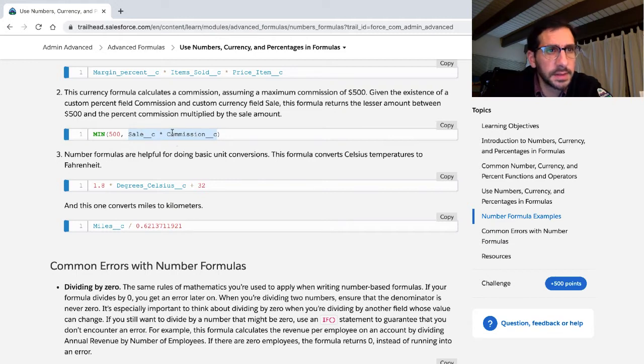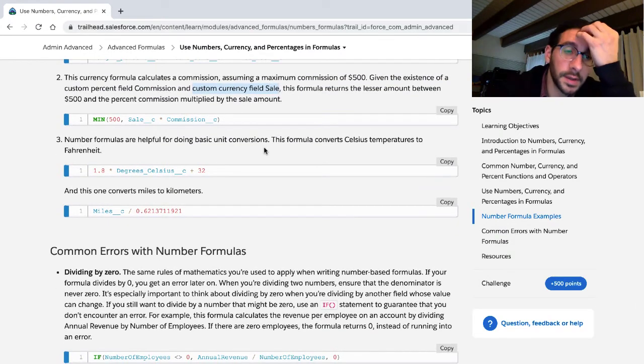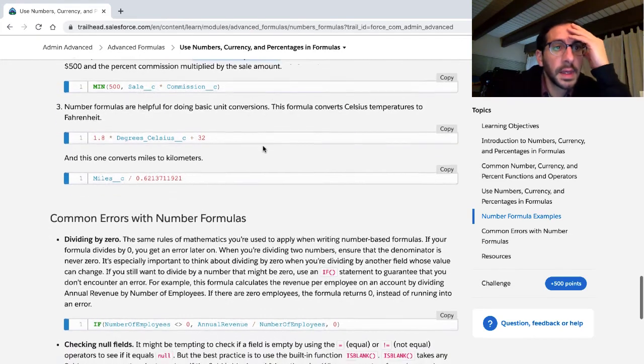Maybe that's what that is. So we're going to assume these fields exist and assume that there's a custom currency field sale. So then that's what this formula would do. But they don't right now, so we're not going to test it.